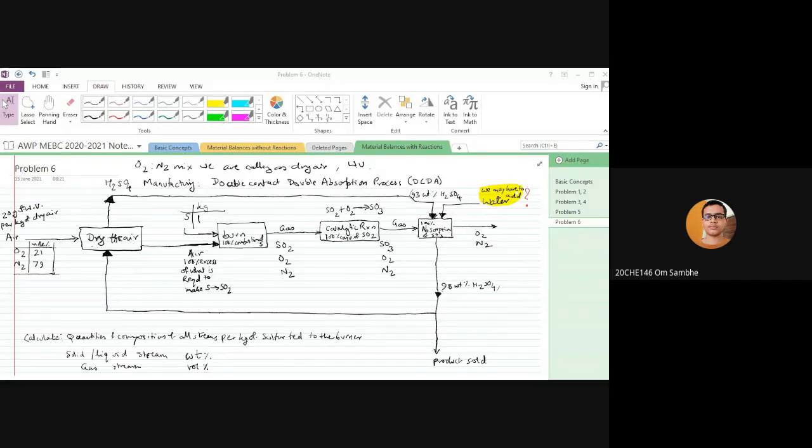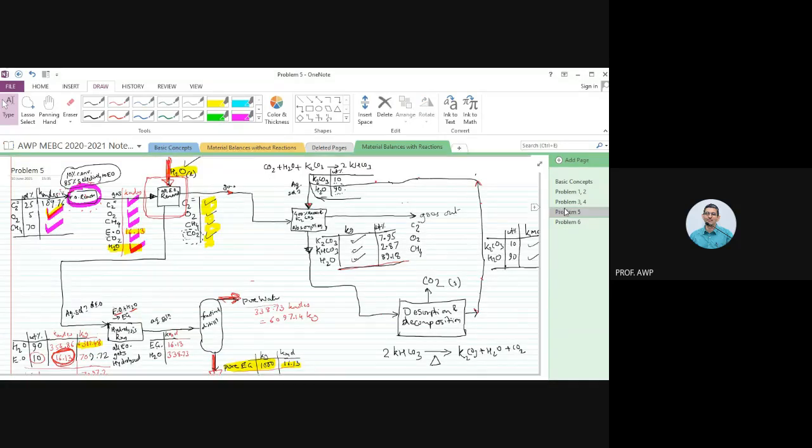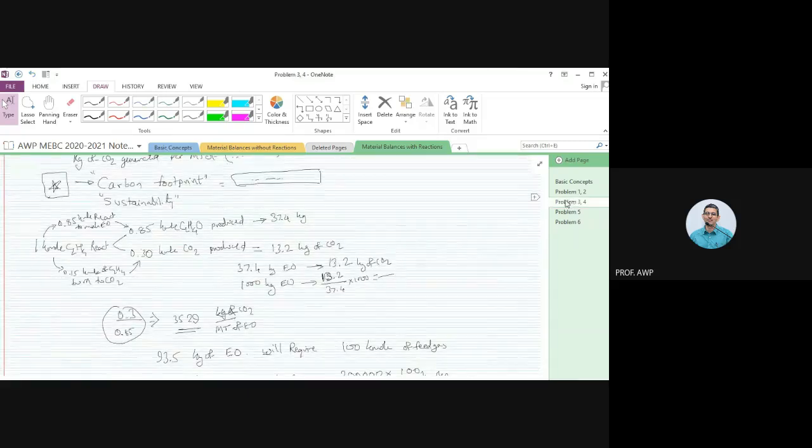Okay, go back to our previous problems. Look at this problem where we talked about air, excess air. Somebody asked whether excess air should be excess oxygen or excess air.